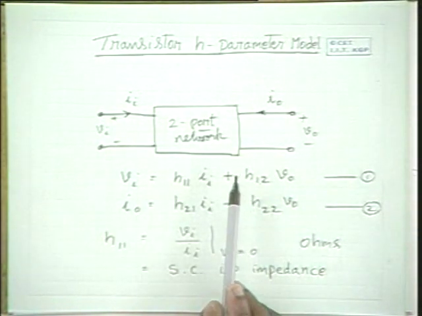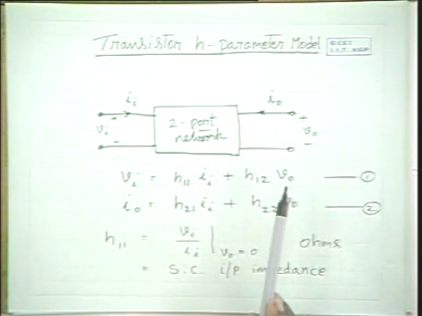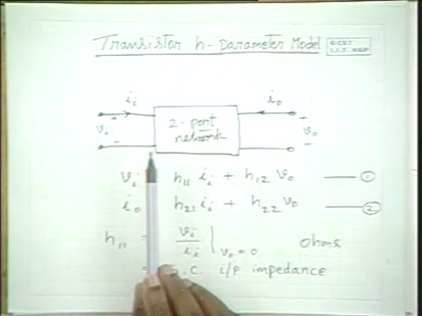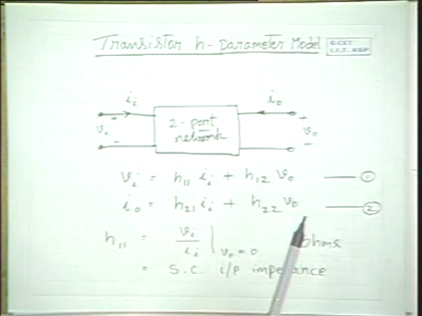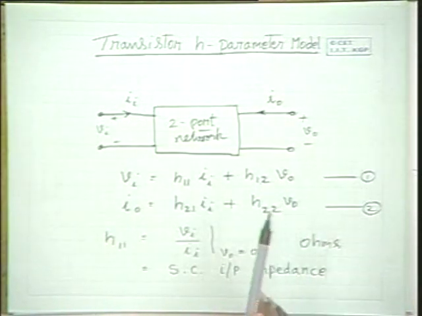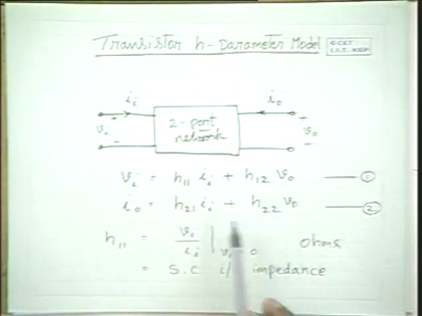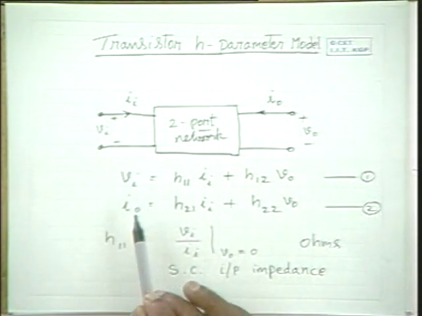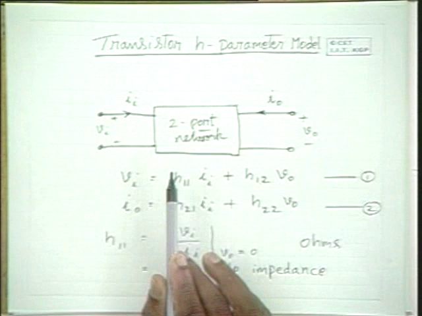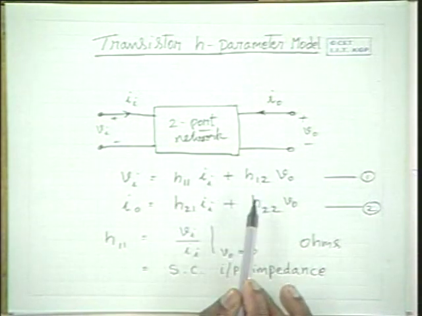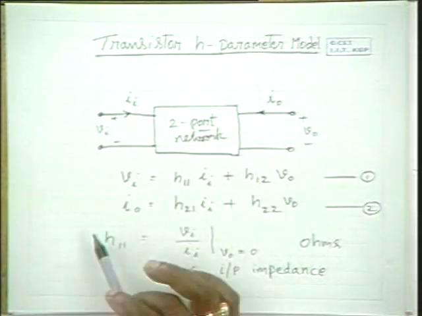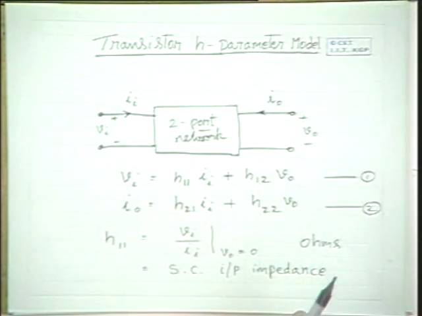Plus, it's voltage current relationships, not in terms of currents alone or voltages alone, but in terms of mixed currents and voltages. For example, input voltage and output current are expressed as functions of input current and output voltage. So it is a hybrid relationship between the voltages and currents.